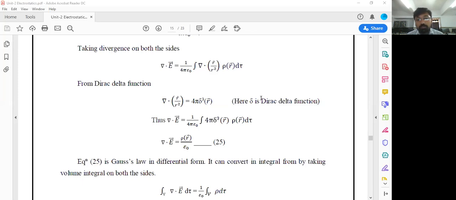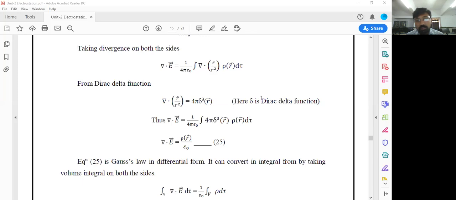The integration of del cube r and d tau will be 1, according to the Dirac delta function, and what remains is the volume charge density rho of r. So del dot E, or divergence of electric field E, is equal to rho as a function of r upon epsilon 0, and it is equation number 25.